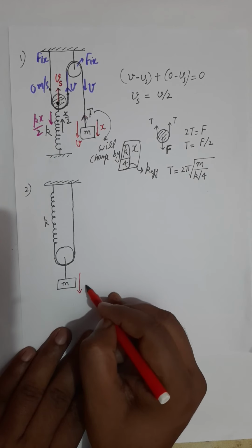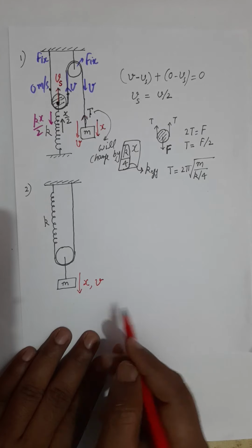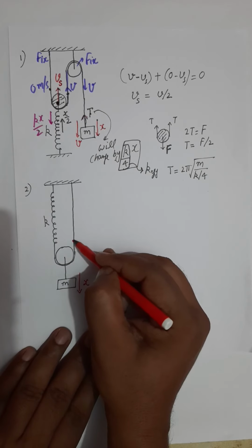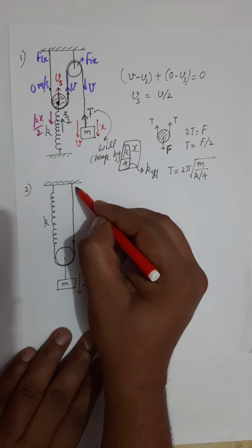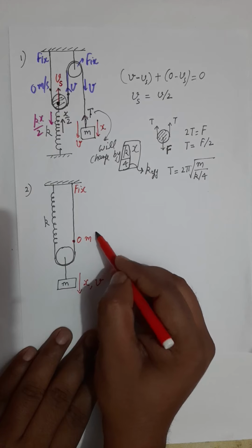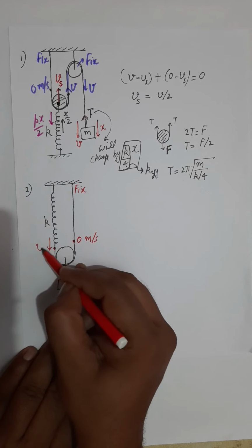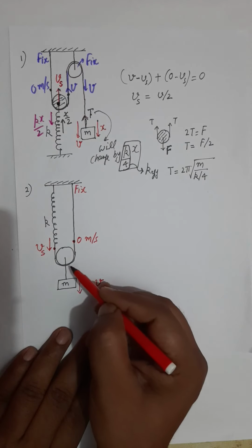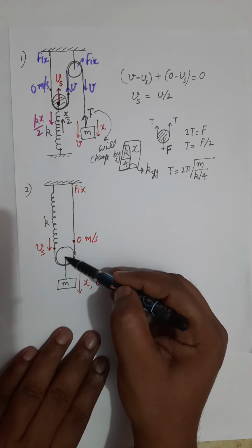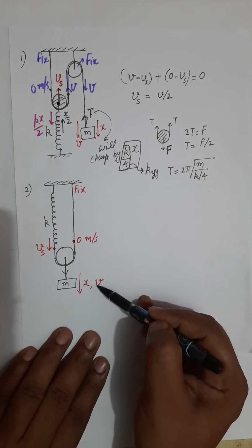If mass m goes down by distance x with velocity v, this point, because it is fixed to the ceiling, here the string is fixed to the ceiling, has 0 velocity. Let's say a spring is coming downward with vs velocity. Now use the same concept. This part of the string attached to the block is going downward with v velocity.